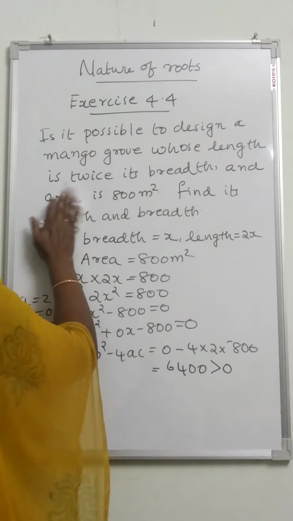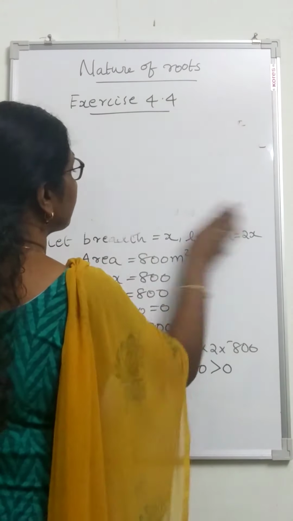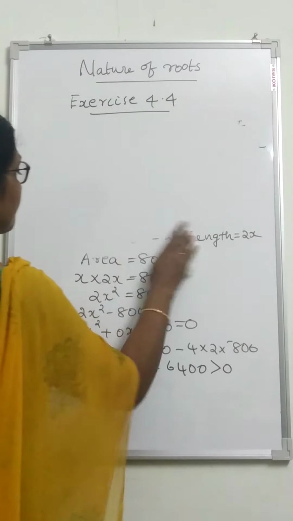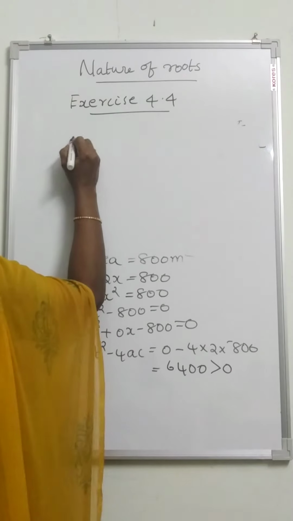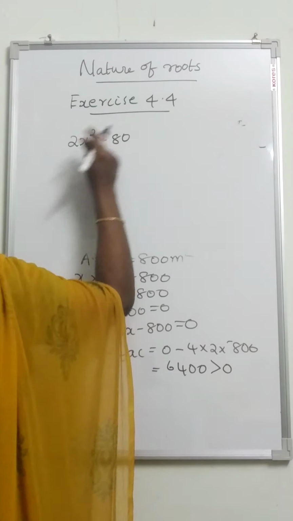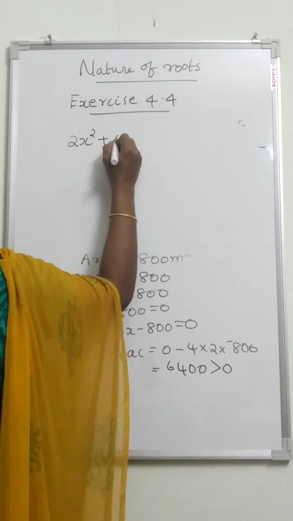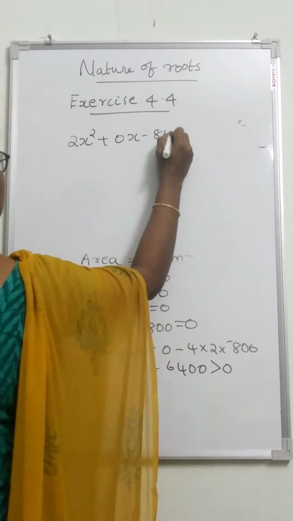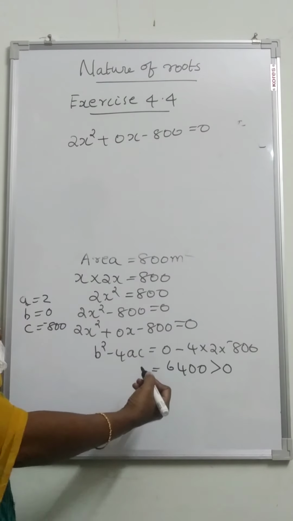The equation is 2x square plus 0x minus 800 is equal to 0. b square minus 4ac is 6,400.